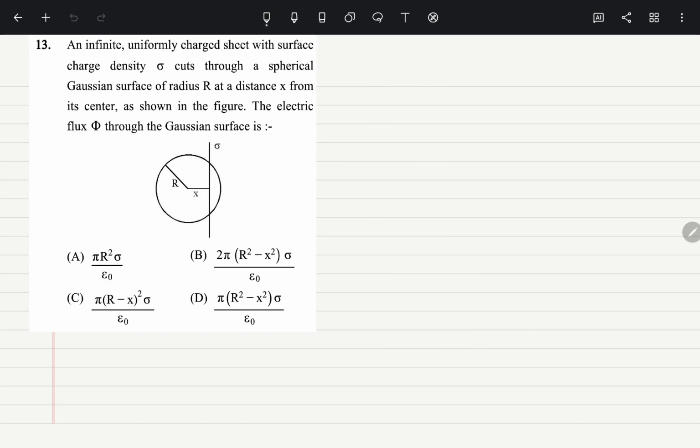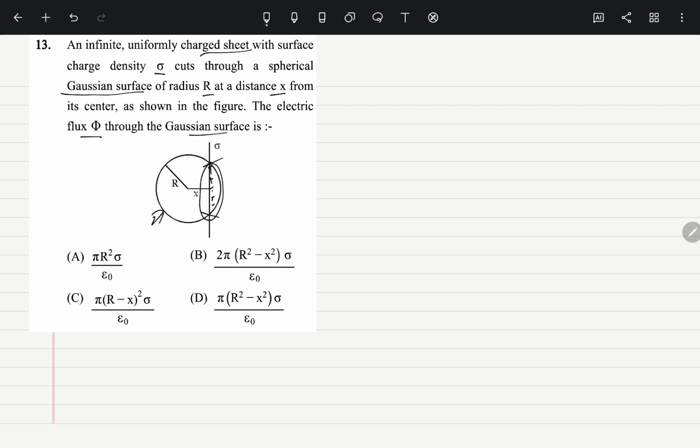Question number 13. An infinite uniformly charged sheet with surface charge density sigma cuts through a spherical Gaussian surface of radius r at a distance h from its center. Show the electric flux through the Gaussian surface. So to find the electric flux through this Gaussian surface, we need to find the charge enclosed. So this is the charge enclosed which we need to find. When this spherical Gaussian surface is cut, the shape of this part will be a circle only, right?